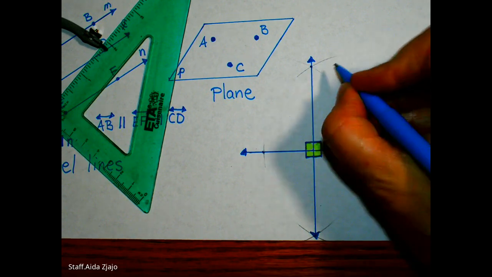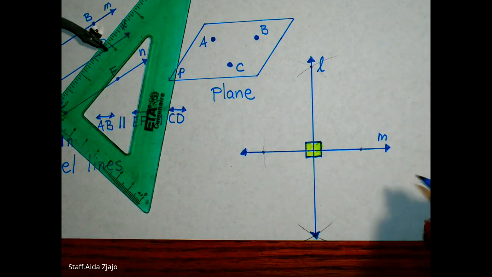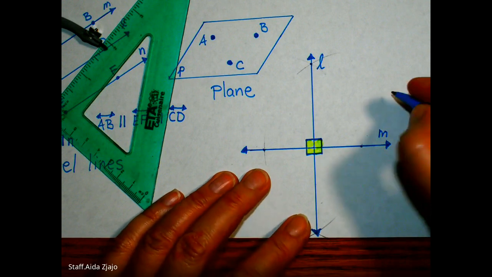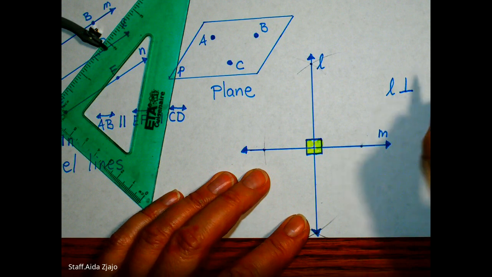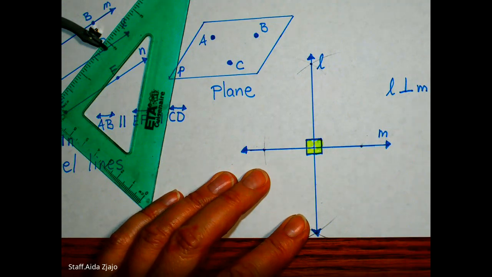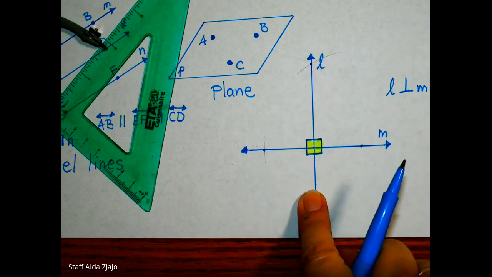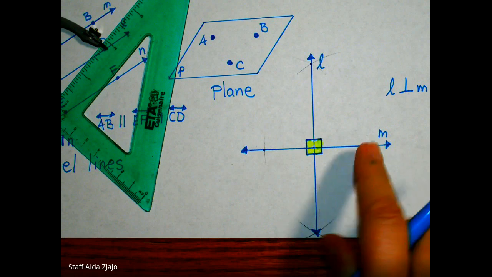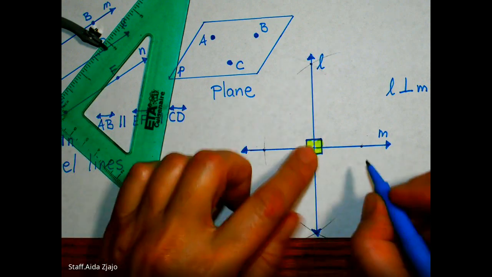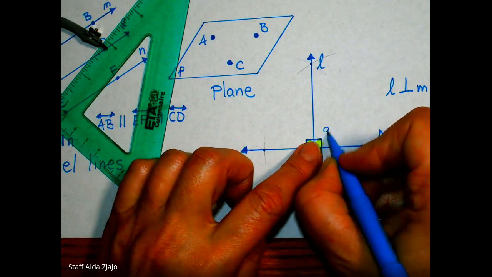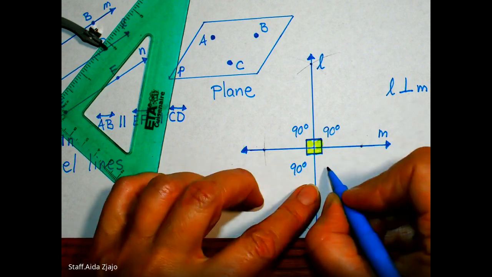We can label lines. So if this is line L and this is line M, we can say that line L is perpendicular to line M. That shows that this line is perpendicular to this one, or vice versa. As you can see, this is 90 degrees, this is 90 degrees, this is 90 degrees, and this is 90 degrees.